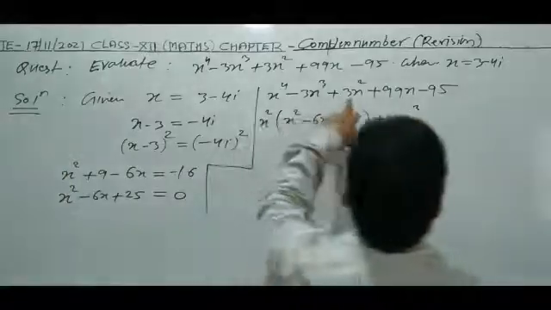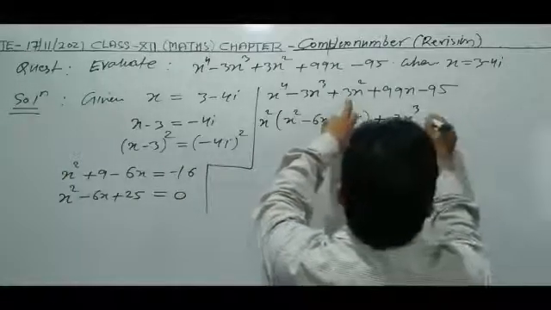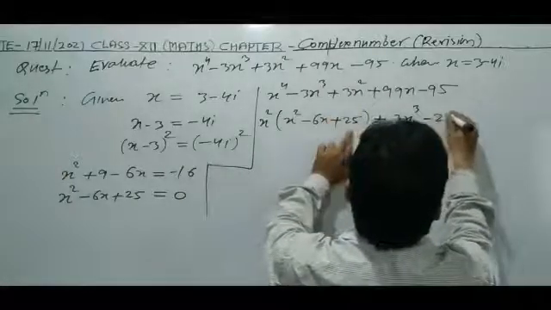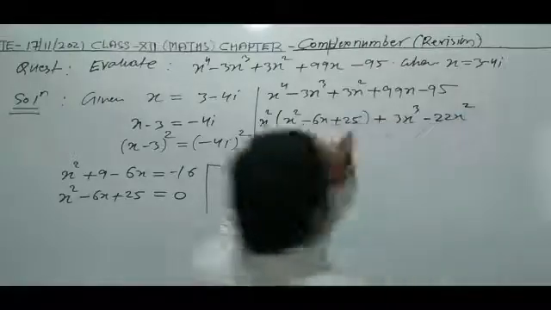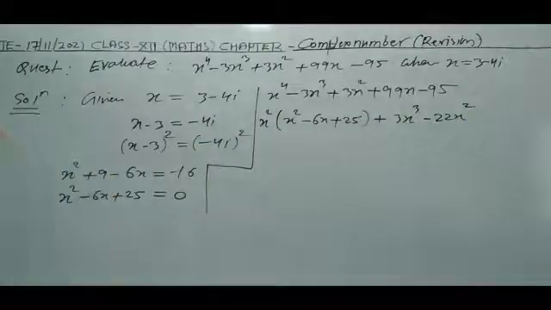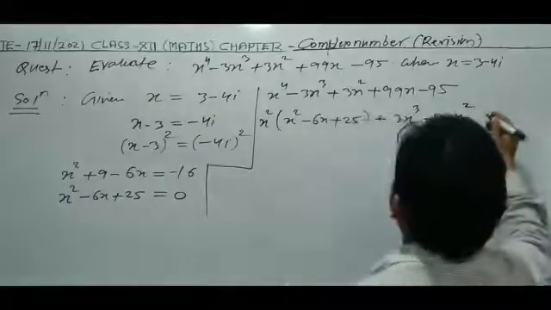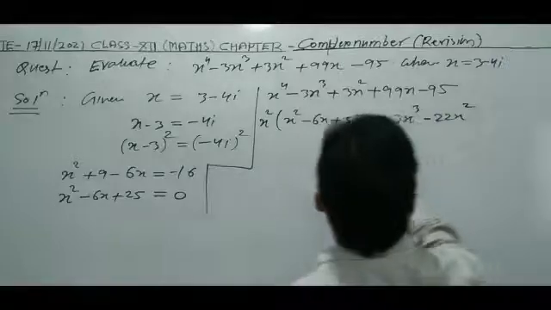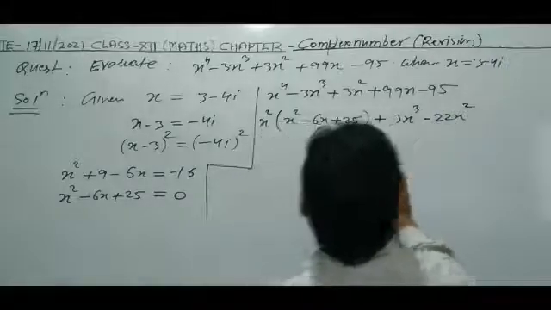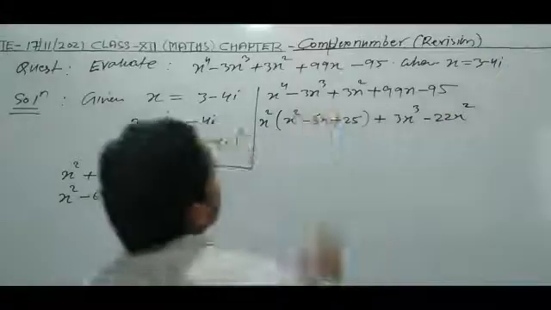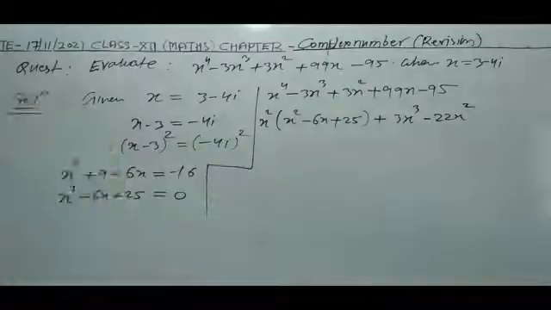Now this is 3x square, so we can write minus 22x square. And now with plus sign or minus terms, we can simplify.